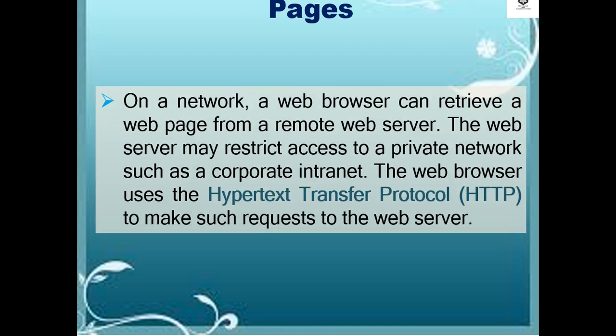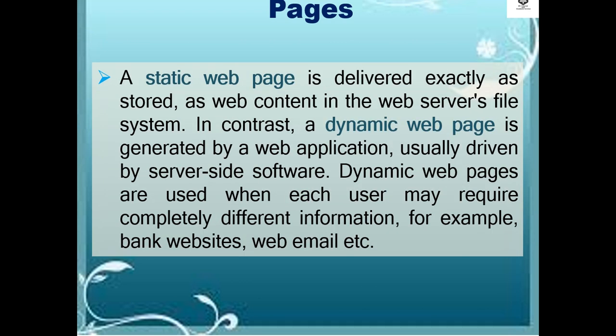On a network, a web browser can retrieve a web page from a remote web server. The web server may restrict access to a private network, such as a corporate intranet. The web browser uses the Hypertext Transfer Protocol, or HTTP, to make such requests to the web server.